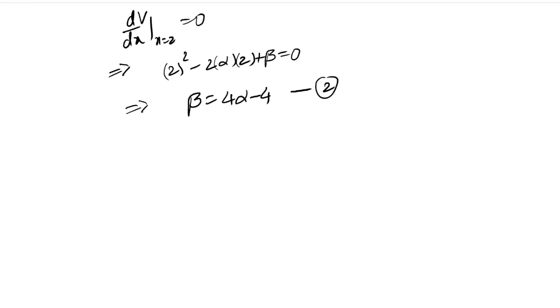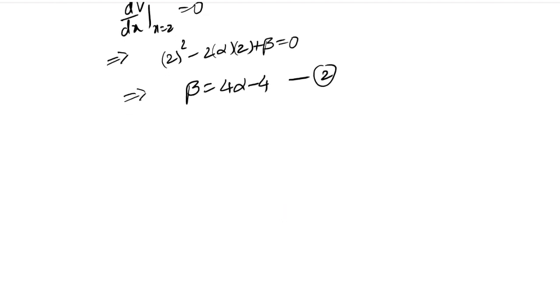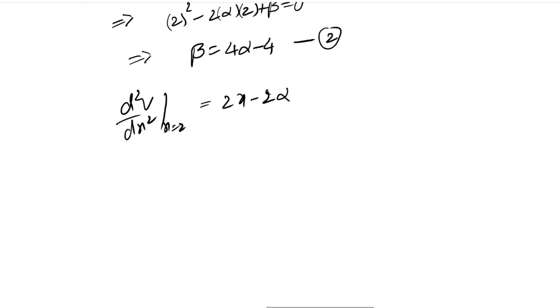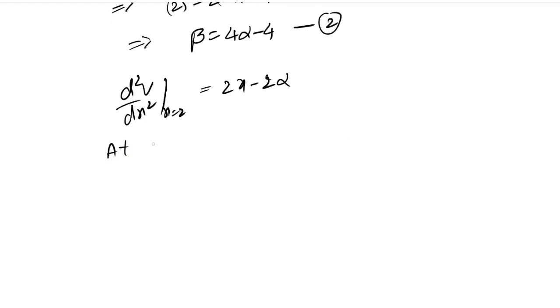So for that we go for the second derivative. So what is the second derivative? d square v by dx square at x is equal to 2 is 2x minus 2 alpha. In the problem it is given that at x is equal to 2, the particle possesses stable equilibrium.